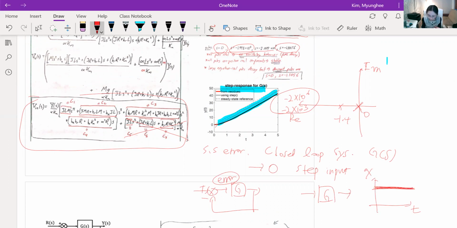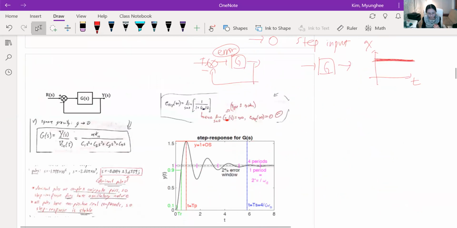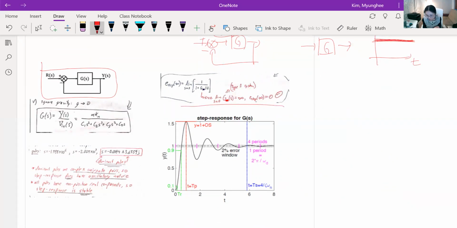So the steady state response will look like this for the open loop system. And here, this is a closed loop system. Again, if you look at the closed loop system response, because there's one free integrator, the steady state error will approach 0. It looks like this.